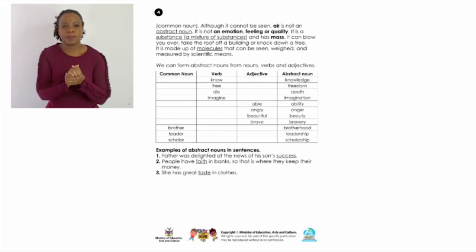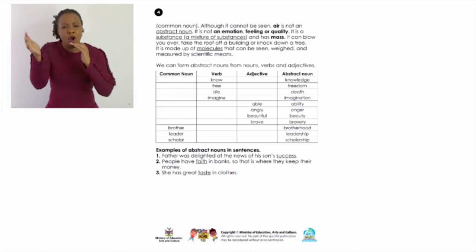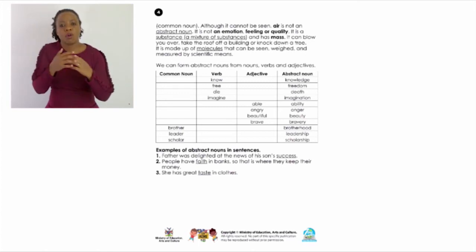Although it cannot be seen, air is not an abstract noun. It is not an emotion. It is not a feeling or a quality. It is a substance, a mixture of substances, and has mass. It can blow you over, take the roof off a building, or knock down a tree.